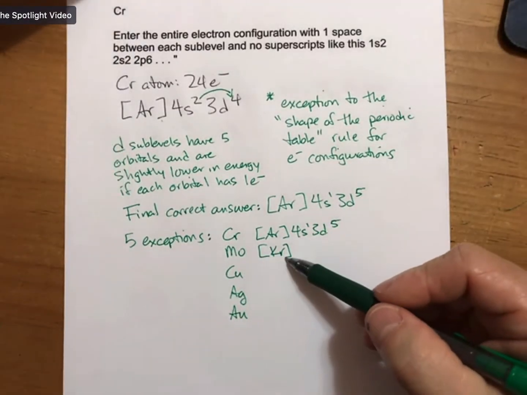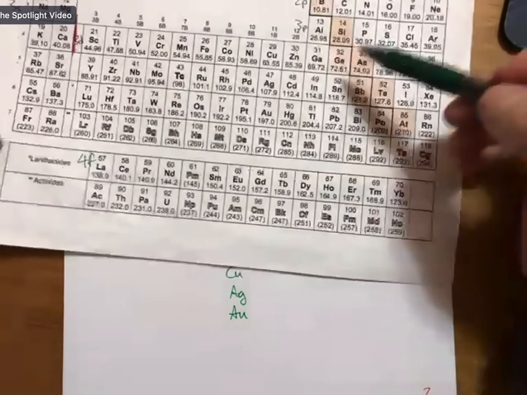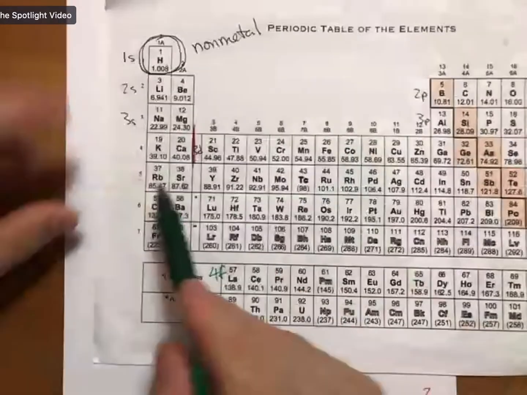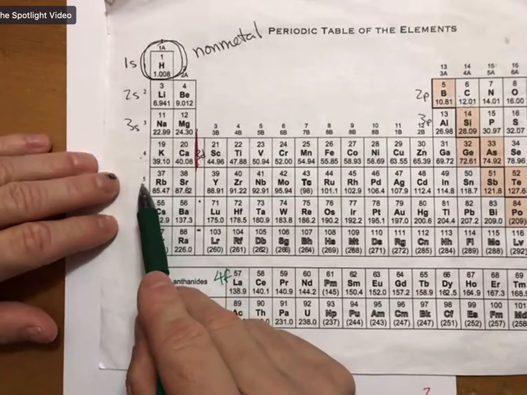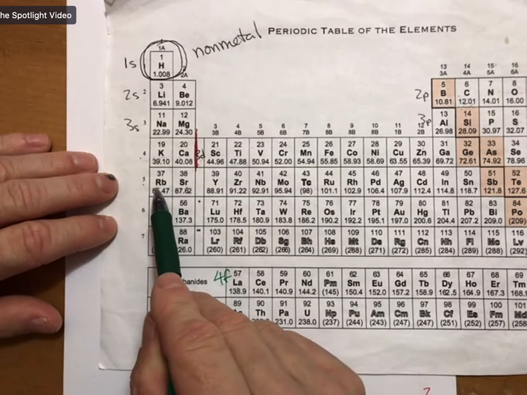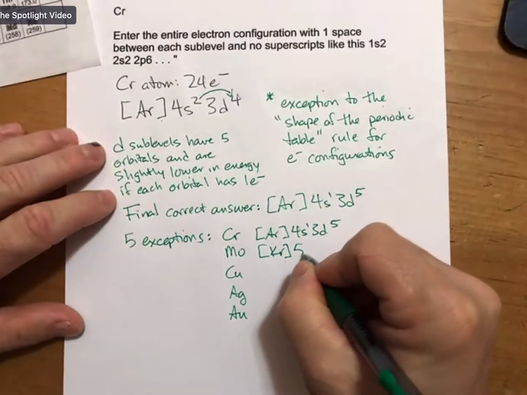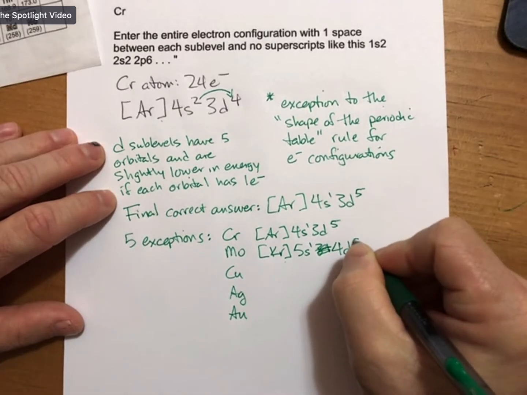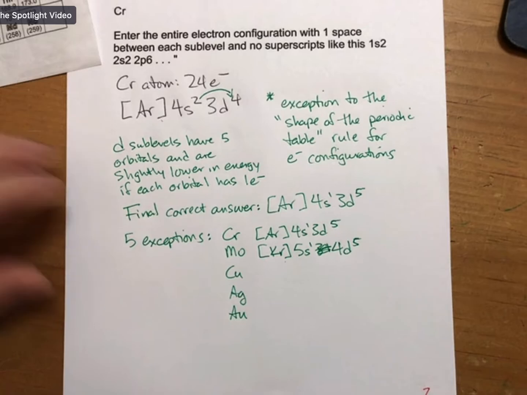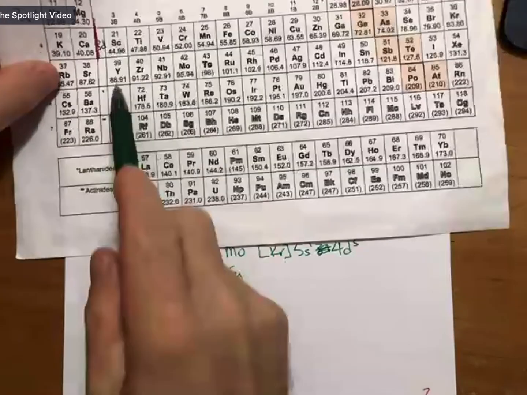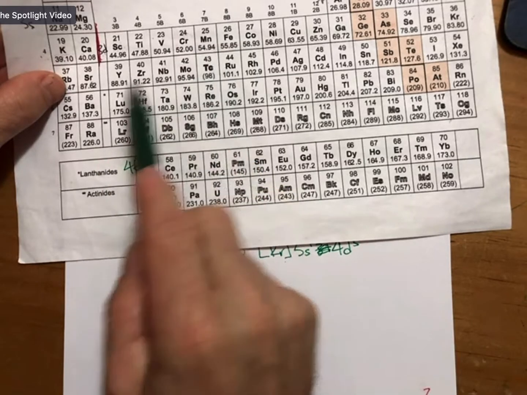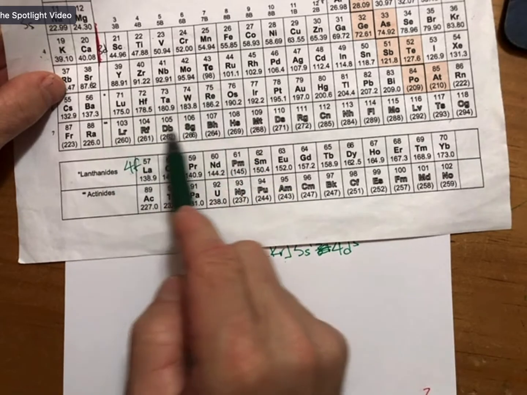So there's the noble gas core for krypton. Then after krypton, we go down to number 37. We're in the 5s area, so it's actually going to be 5s1 4d5, because up here is 3d, then 4d, then 5d, and 6d.